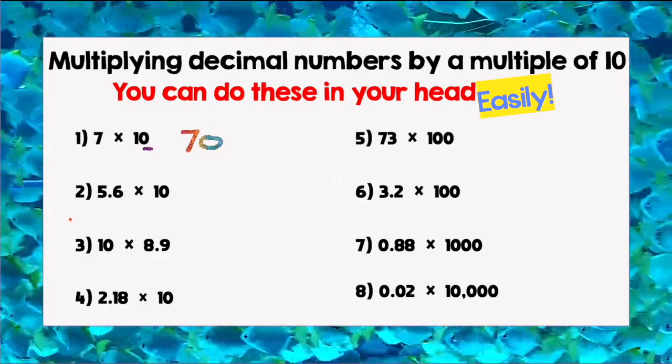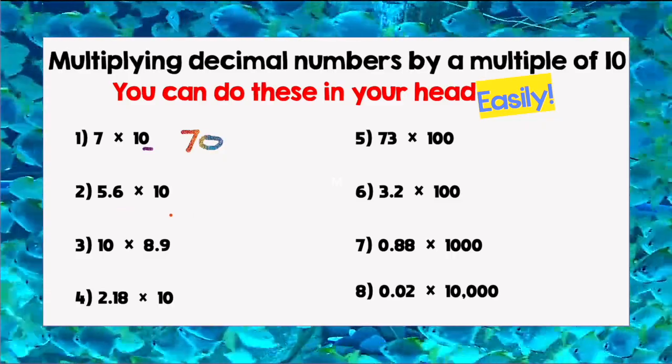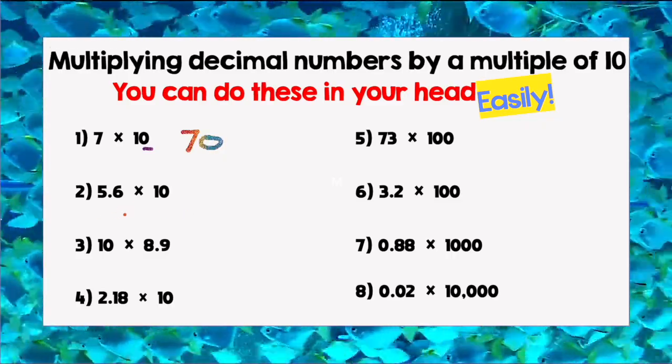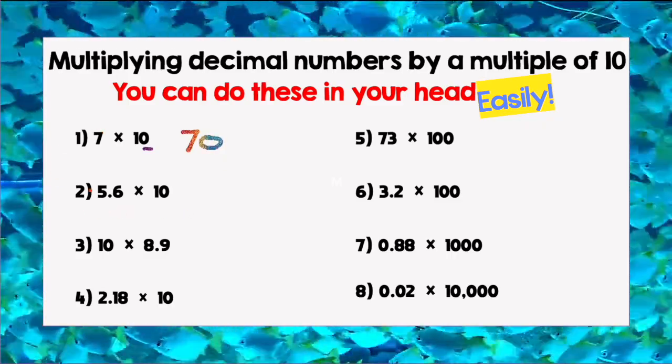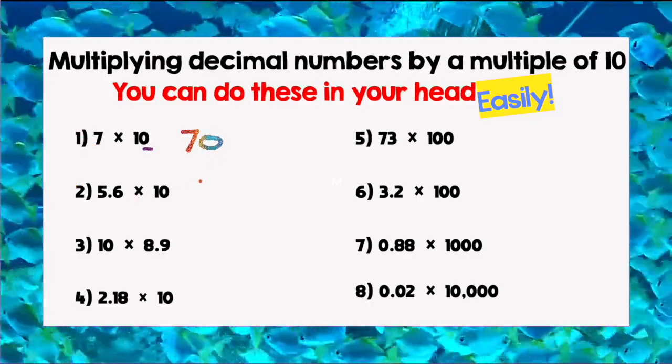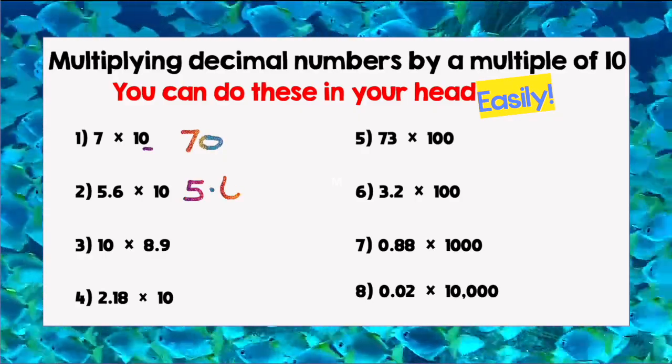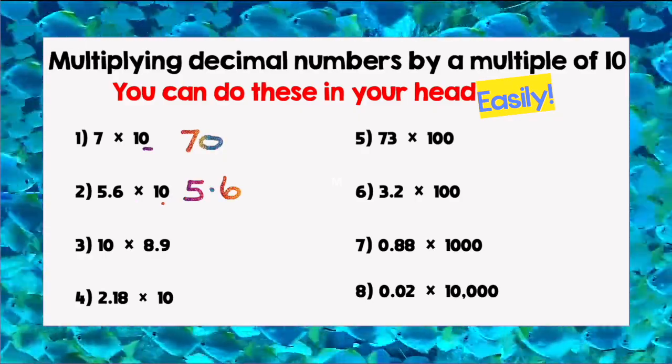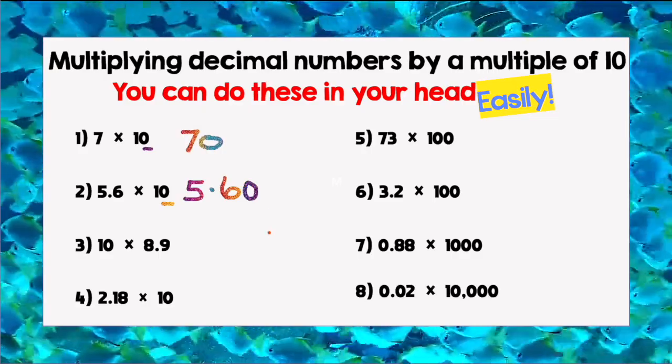Now in question number 2, 5.6 times 10. So here, if we were to follow the same rule as we did with question number 1, we would say 5.6 times 1, which is 5.6. And then we times it by 10, where we have a 0, so we add a 0.